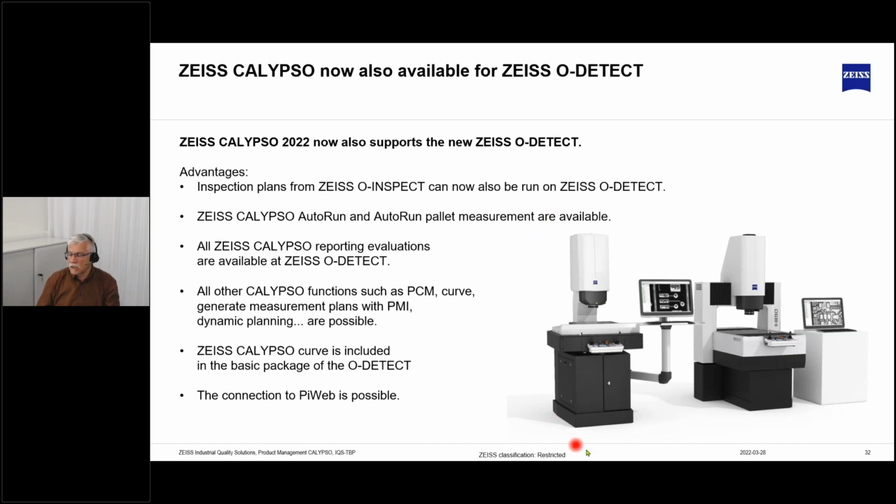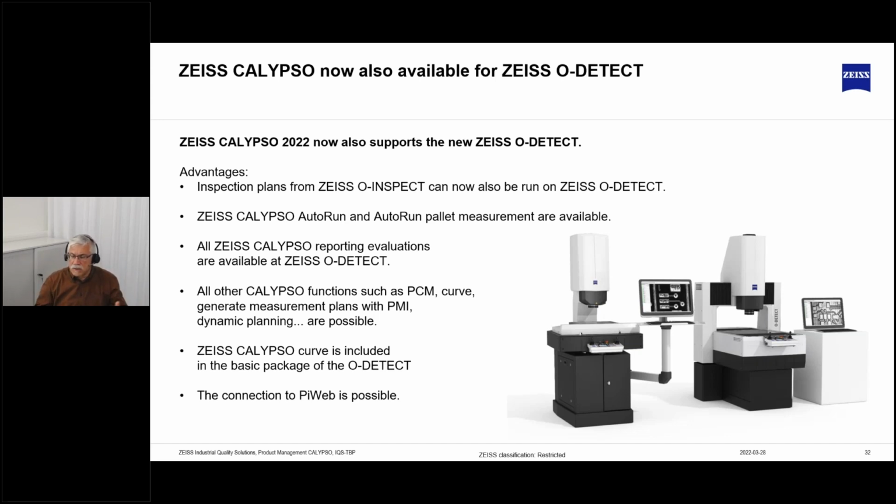ZEISS DETECT is a hardware product family for optical CMMs, and now you can use all the CALYPSO functions here, like autorun pallet measurement. You can use all our reporting functionality in CALYPSO, and also functions like CALYPSO PCM, like curve, like freeform, like CALYPSO dynamic planning for dynamic inspection sequences are possible.